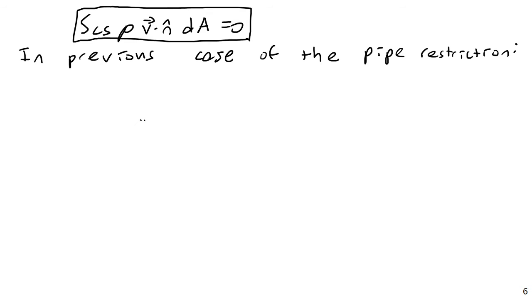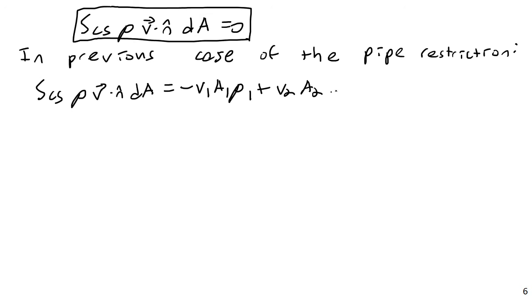Well, the integral across the control surface of rho v dot n dA is going to be equal to negative v1 a1 rho 1 plus v2 a2 rho 2.